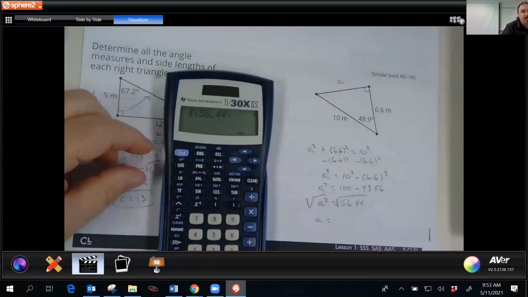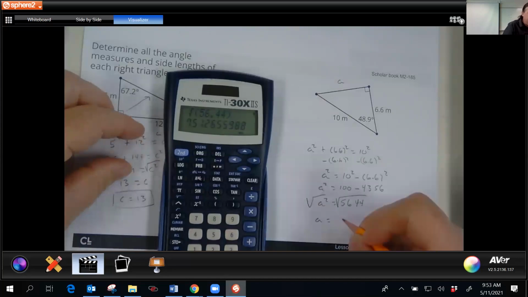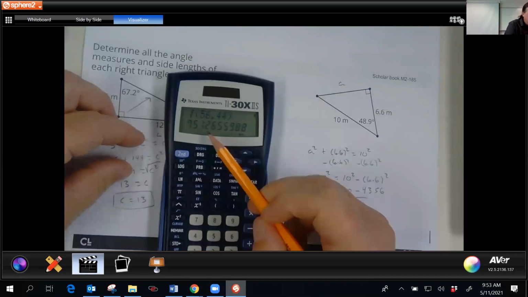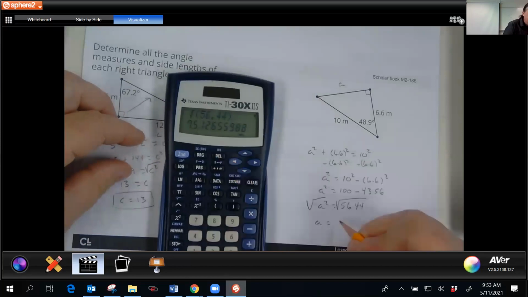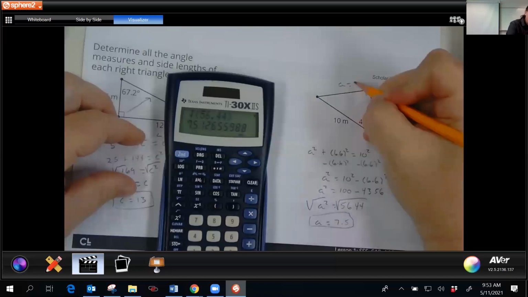That way the calculator doesn't get confused. So that leaves me with a pretty long decimal. Let's go ahead and round it off to the nearest tenth in this particular problem. So I'm just going to leave it at 7.5. So in this particular case, a equals 7.5.